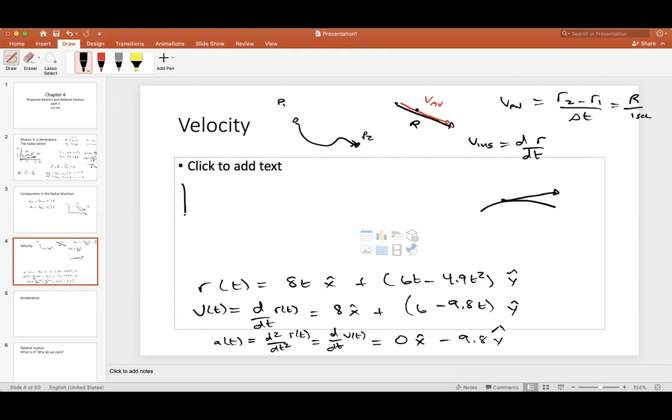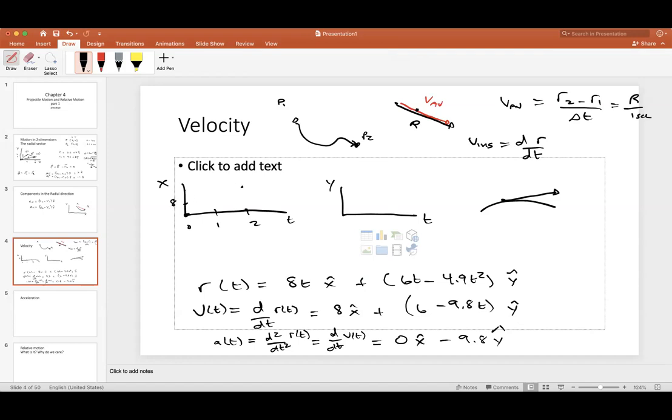What this will look like on an x and y graph, so x versus t and y versus t, okay? In the x direction, it's just going to be a straight line. When time is 0, it's at 0. When time is 1, it's at 8.